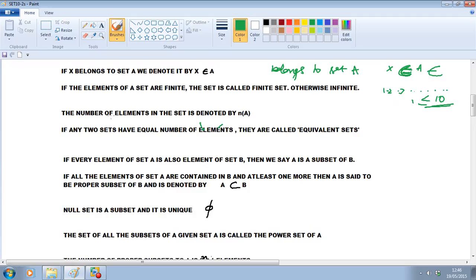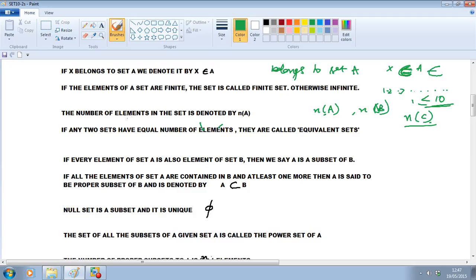The number of elements in set A is denoted by n(A), or n(B), n(C), like that. Suppose we want to determine how many elements are there.